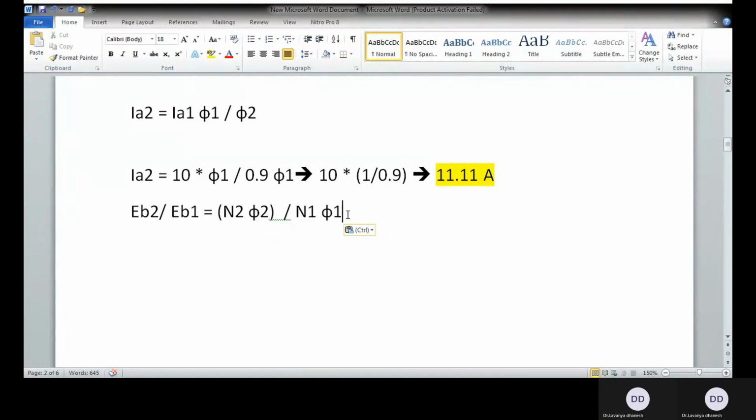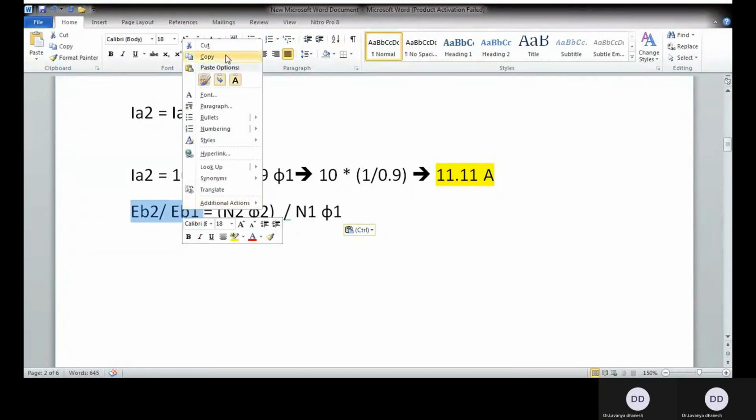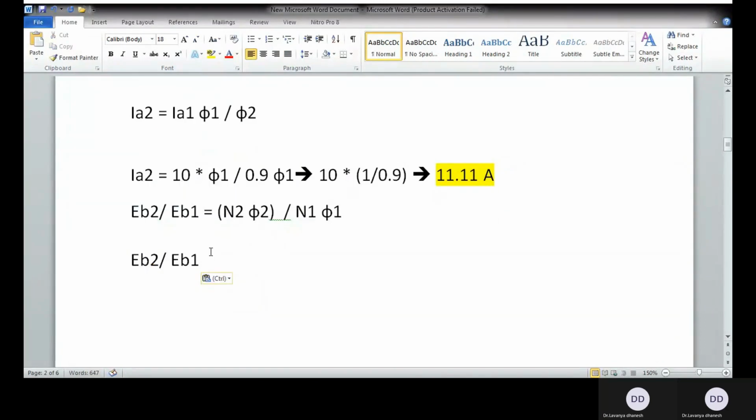So phi 2 in terms of phi 1, I'm going to write, and I'm going to find out the value of EB2. So EB2 by EB1 is equal to phi 2 divided by phi 1.